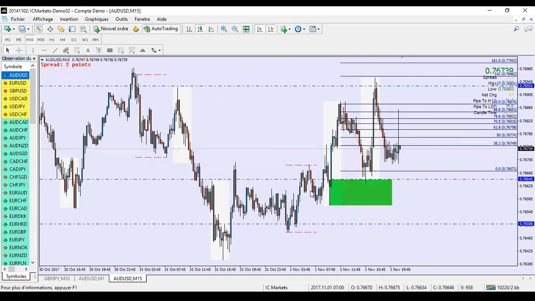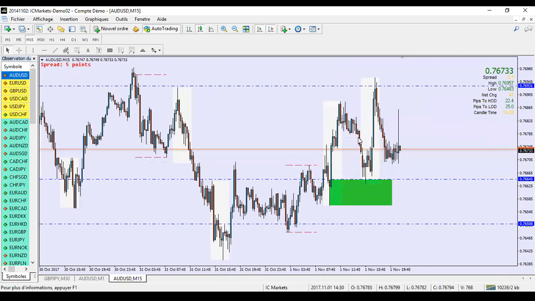But as you can see, that's a trade I would not have taken. You know why? The risk to reward ratio is not big enough. It's easily reached. It's an easy trade, but there is not enough reward for the risk I'm taking. I agree. Okay.